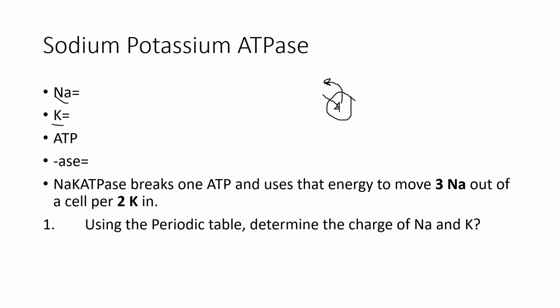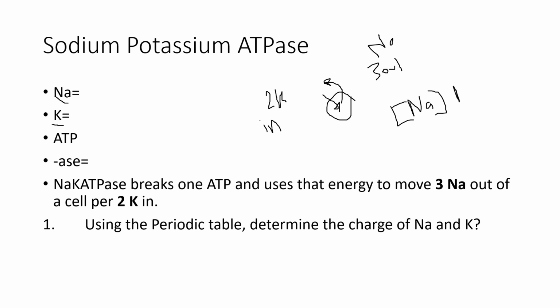If we're pushing 3 out of sodium, Na, and we're pumping 2 potassium in, what it's telling us is that the concentration of sodium outside the cell will get a lot larger than inside.